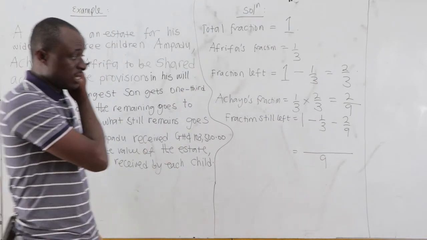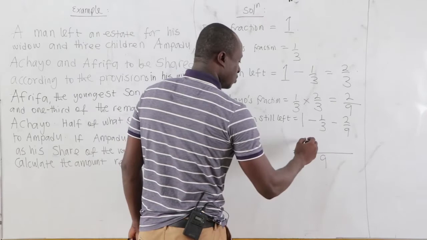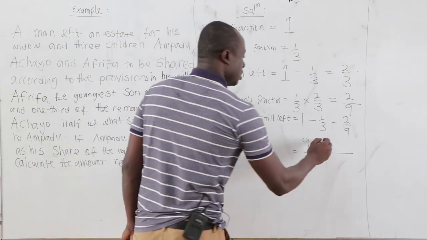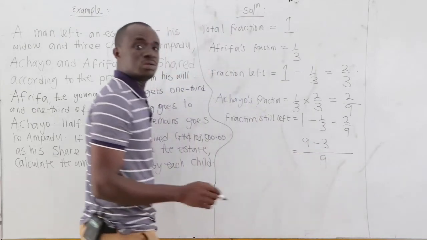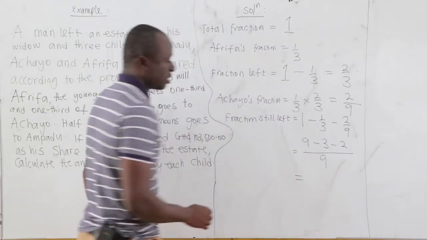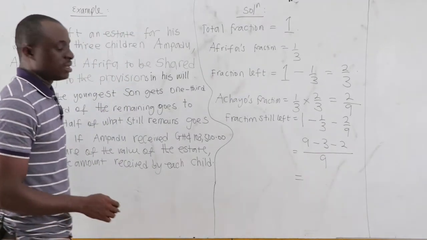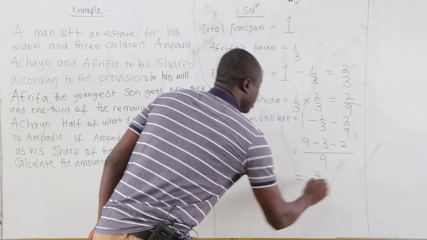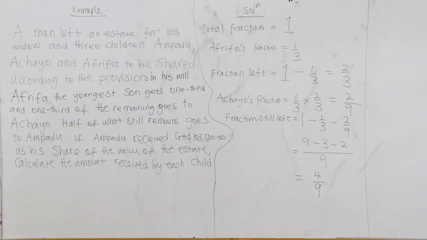The LCM is 9. Now this over 1 will go into 9. 9 times 1, 9. 3 will go into 9. 3 times 1, that's 3. 9 will go into 9. 1 times this, so we have 2. And clearly 9 minus 3, that's 6 minus 2, that's 4. So we have 4 over 9. That's the fraction still left.